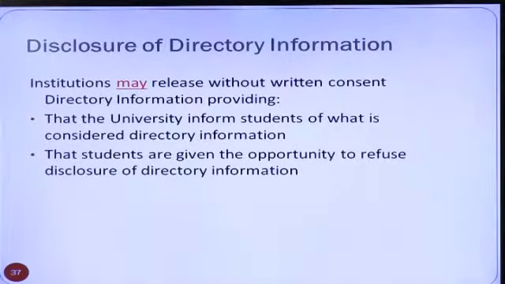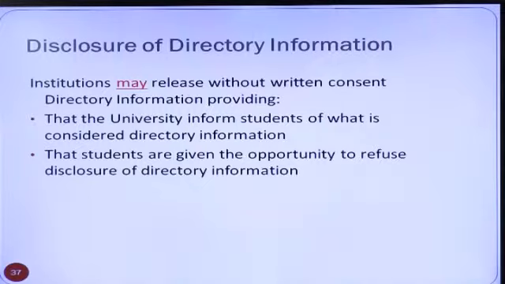Okay, so disclosure of directory information. This is where I said it gets a little bit tricky. Directory information is things that we're able to release, so we don't need written consent, provided that we tell the students what is considered directory information, and that's available on our website. I also have a bookmark that I'll hand out to you that lists everything that's considered directory information here at the University of Utah. It might not be the same as Weber State or Utah State, BYU.